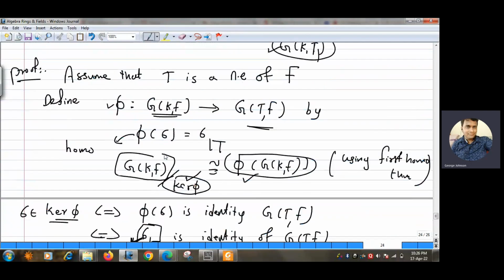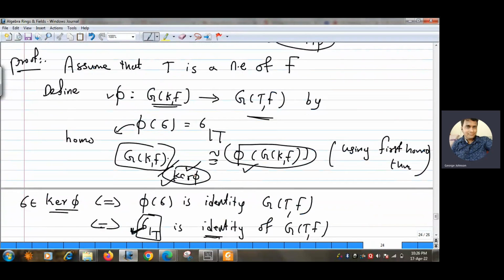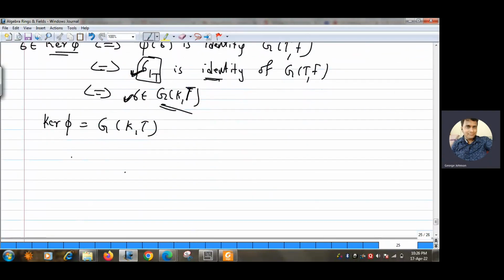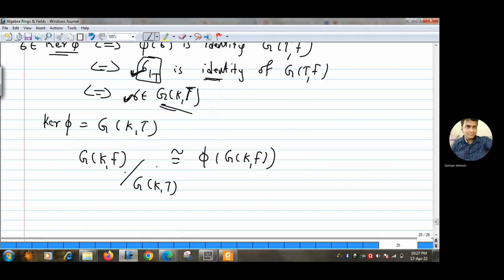I am just putting the value of the kernel of phi: kernel of phi is nothing but GKT, and that was isomorphic to what? Phi of GKF. Okay, we have this equality.